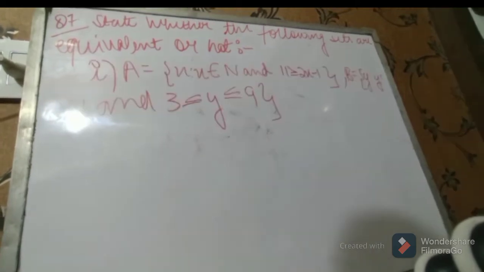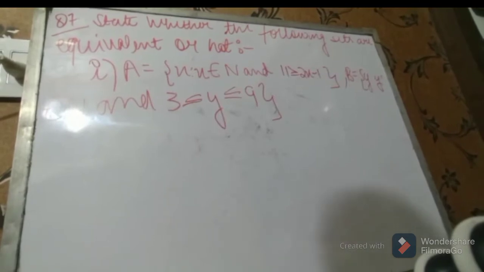Now, what do we mean by the same cardinal number? Same cardinal number means the number of elements in both of the sets is the same, right? For example, when we see the sets that I'm going to write further, then we can conclude which of them are equivalent or not, right?